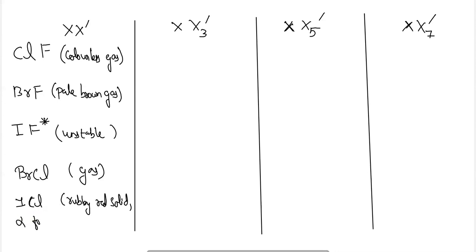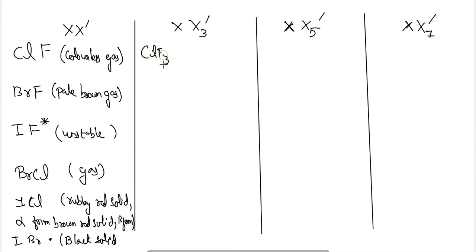The alpha form will be a brown red solid, and a beta form also exists. And the last is IBr, iodine bromide, a black colored solid. Next, ClF3, chlorine trifluoride, is also a colorless gas.